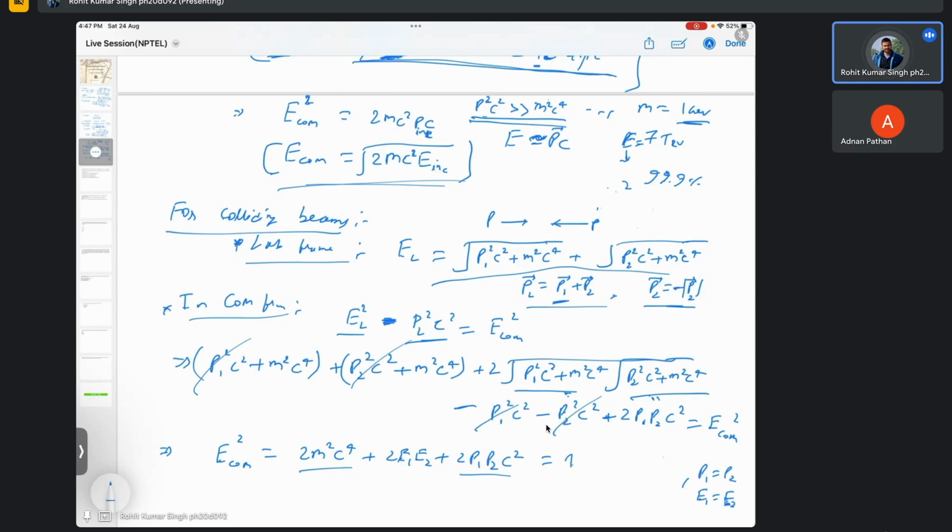So you will get basically 4E square. Here we are neglecting the M square C to the power 4 term. The P1 P2 C square term we are not neglecting, but you can neglect it. So that's it for energy, and then, 4E.